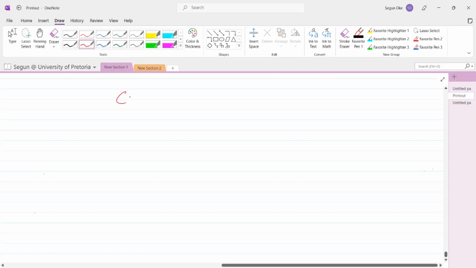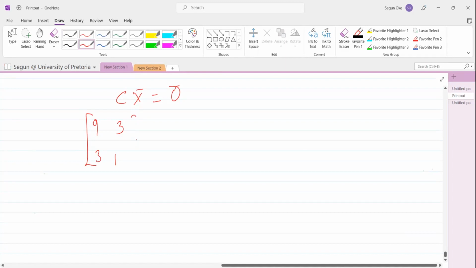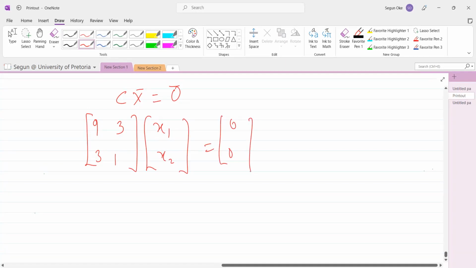we can say C x bar equals the 0 bar, which is our vector. We have [9, 3; 3, 1] times [x1, x2] equals [0, 0].